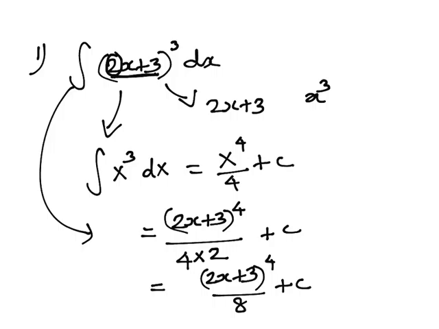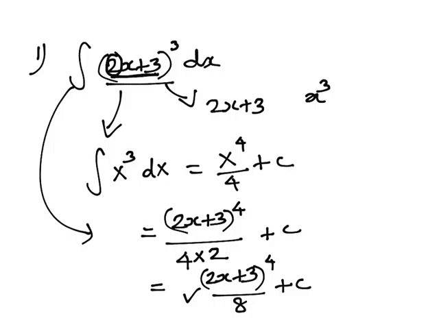Now you may ask me, why did I write 2 in the denominator? Why not in the numerator? That's very simple. If we differentiate this function, 2x plus 3 whole power 4 by 8, then you will get this function, students, 2x plus 3 the whole cube.